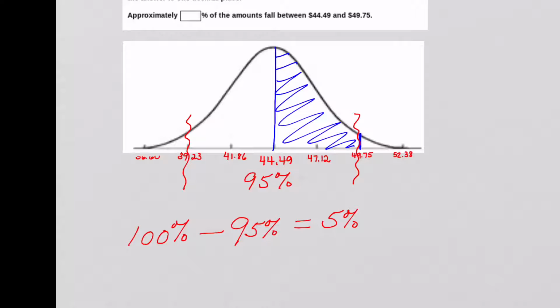Now, this is only one side. It's not a tail because it doesn't go all the way into the corner and beyond out here. So this is just a very limited area within your space, but in this case, again, it's only on the one side, so we just cut that in half, and 5% divided by 2 is 2.5%. And that's how you do that problem.